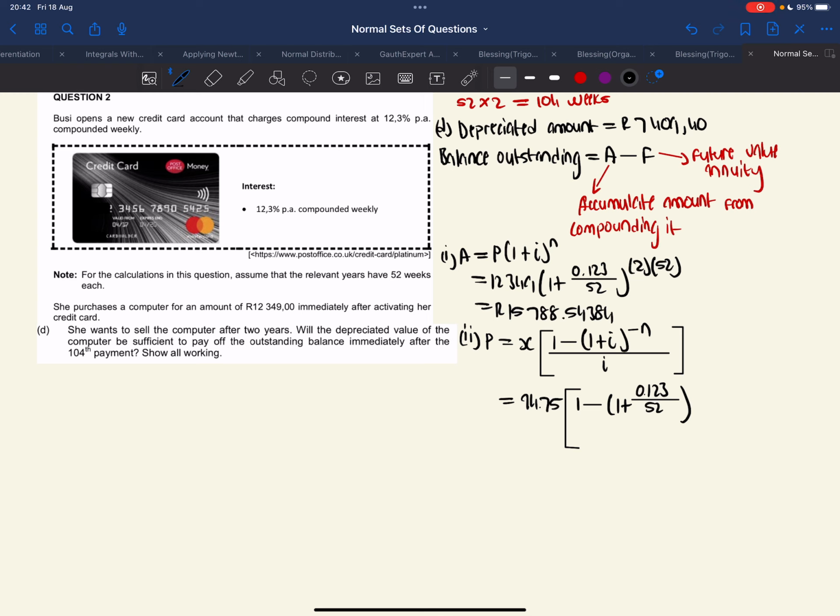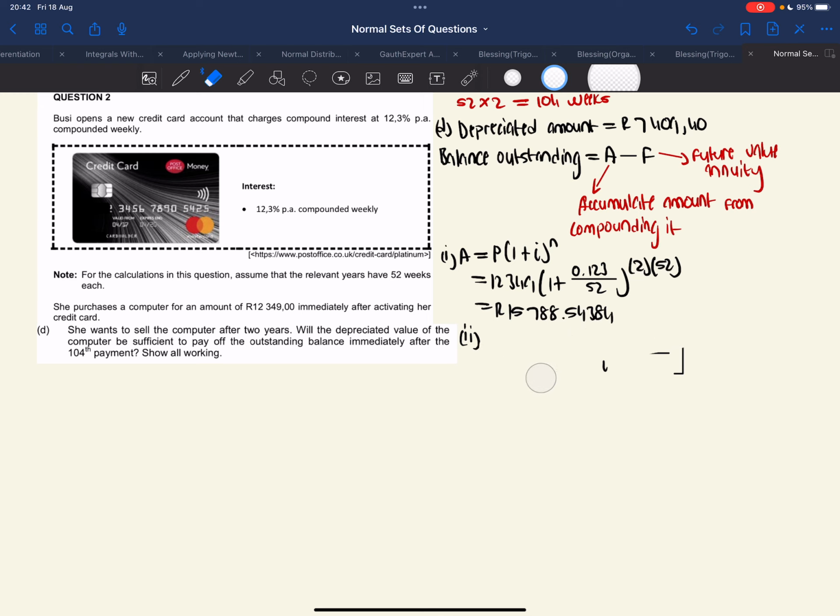Sorry about that. Here, I wrote the formula here. This is for the future, not P. Sorry, it's future. So it's gonna be F equals, and the formula is given as X times (1 plus i) to the power of n minus 1, and that is all over i.